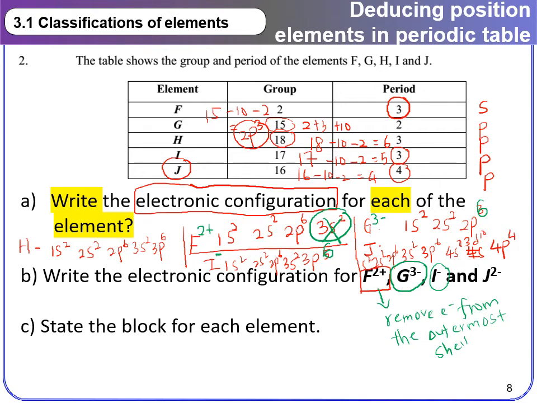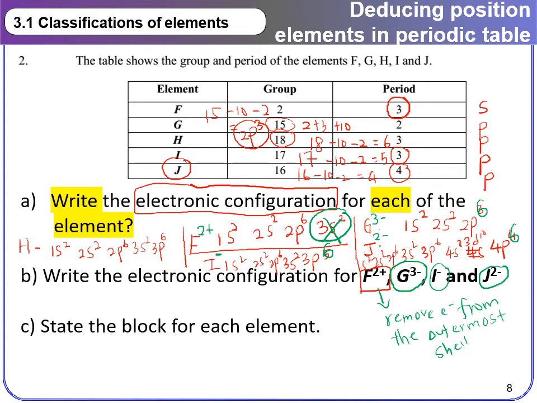While J2- means that it is going to gain 2 electrons. 4p is considered the lowest energy orbital and still has space for electrons. How many electrons can still be filled into the 4p orbital? Yes, 2 electrons can still be added, so it will become 4p6.